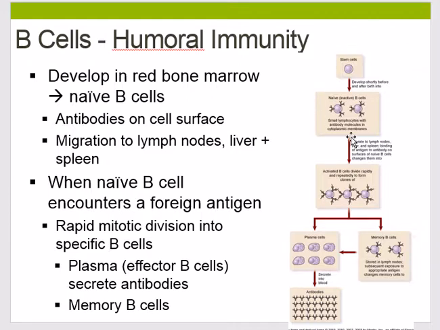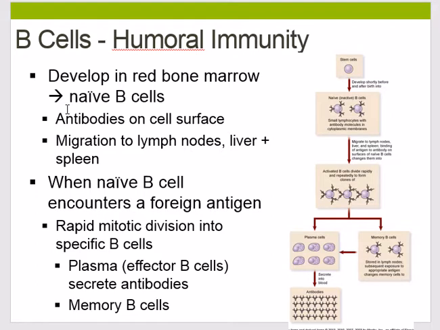We call them naive or inactive B cells. These naive B cells synthesize antibody molecules, okay? So naive B cells are going to actually produce antibody molecules, but they don't secrete them. What they do instead is they insert these antibodies on their cell surface. Remember, we're talking just about B cells. They insert these antibodies on their cell surface, so on the plasma membrane.